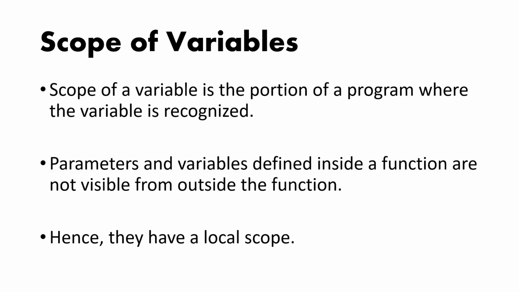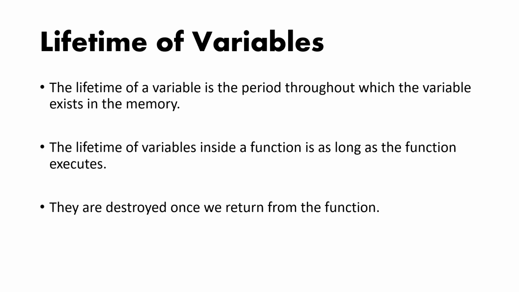Now let's see about the scope and lifetime of variables. Scope of a variable is the portion of a program where the variable is recognized. Parameters and variables defined inside a function are not visible from outside the function. Hence, they have a local scope. The lifetime of a variable is the period throughout which the variable exists in the memory.